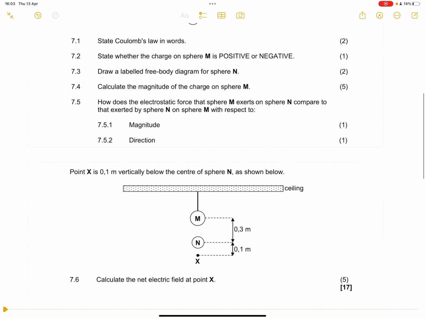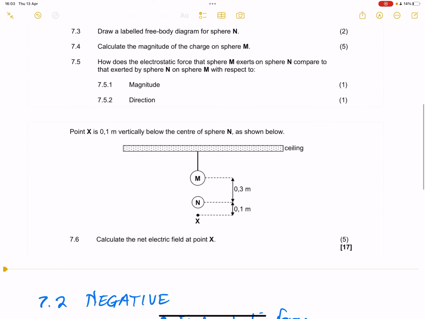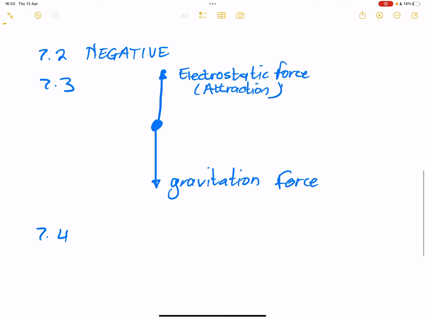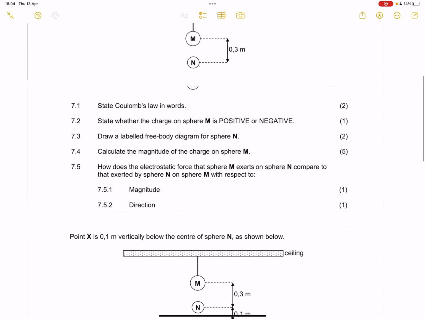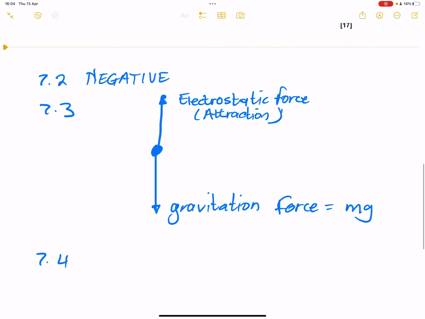Now the next question, they say to us, calculate the magnitude of the charge on sphere M. In this case, we do know the mass, so I'm just going to calculate that gravitational force there. We're given a mass of 2.04 times 10 exponent negative 3, times 9.8.